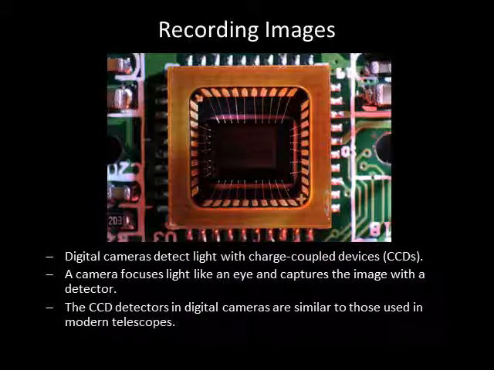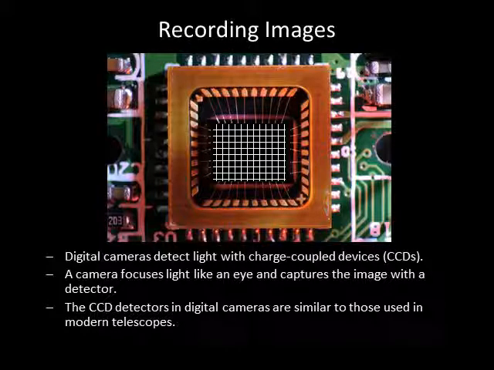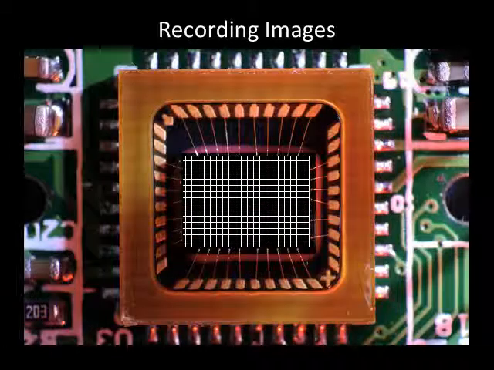If we want to keep an image for study, we need to record it with something. Astronomers use fancy digital cameras to record their images. Inside digital cameras are electronic chips called charge-coupled devices, or CCDs. A CCD is physically divided into grids or pixels. When a photon strikes a pixel, it causes a bit of electric charge to accumulate.